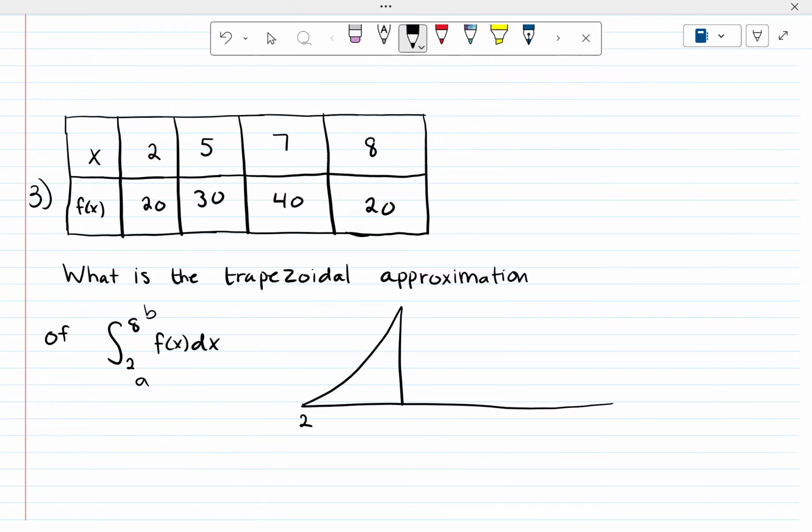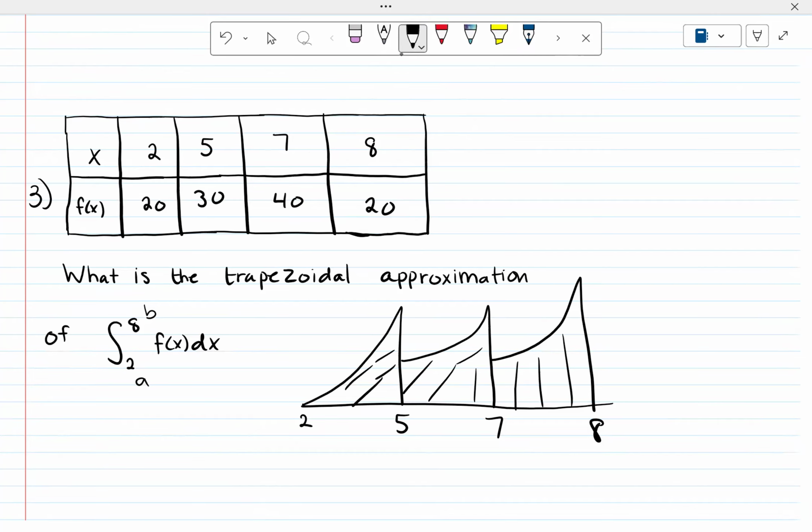It's 2, it's going to be 7. So it's going to be 1/2.